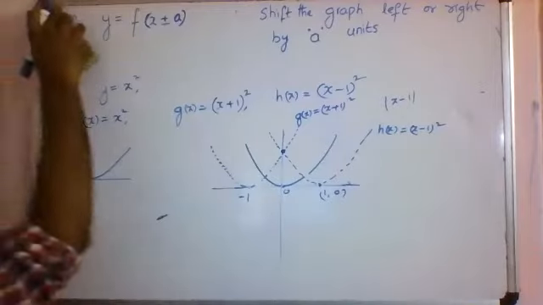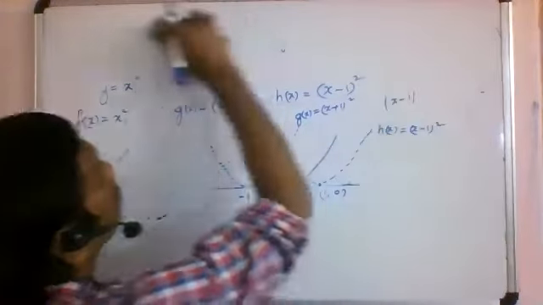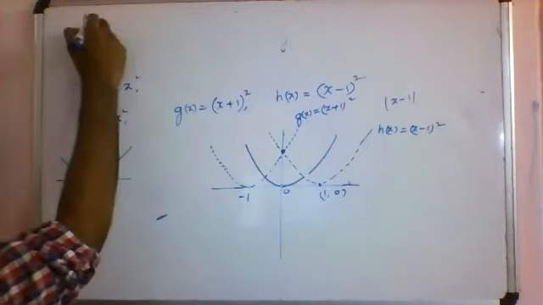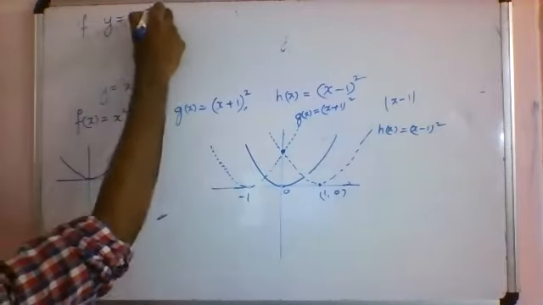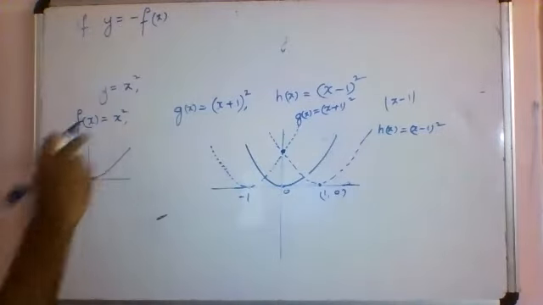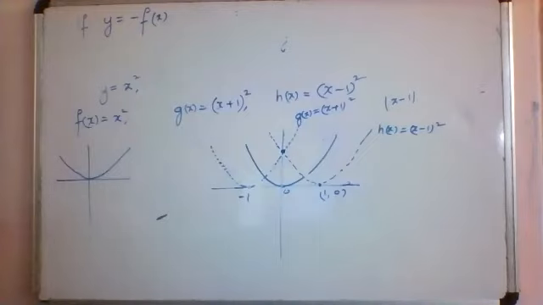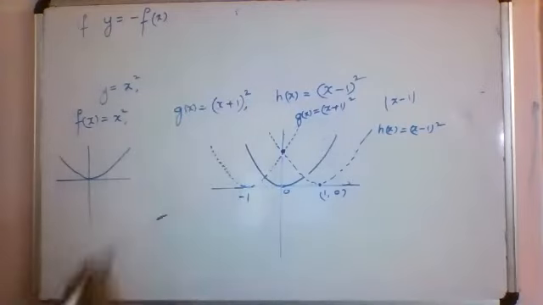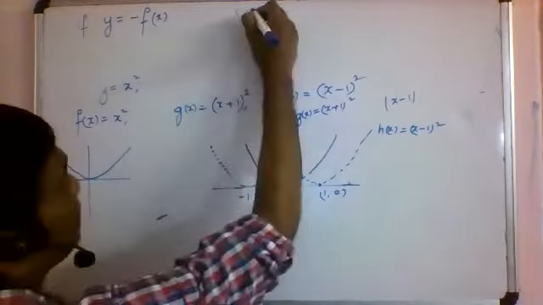Now let us move to the third type. If y is equal to minus of a function is there, means minus of x square. If you take this example, minus of x square, then what to do? Reflect the same diagram by x-axis.